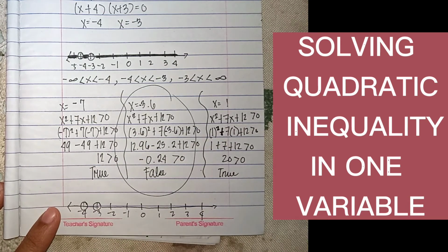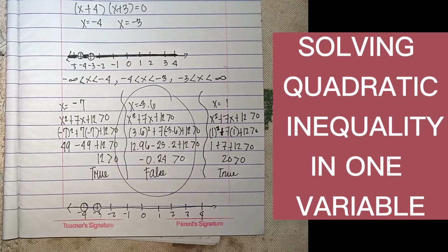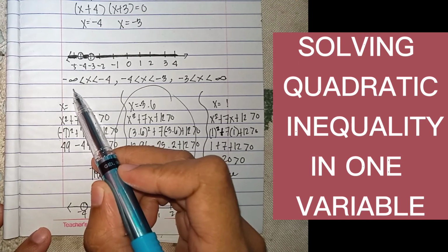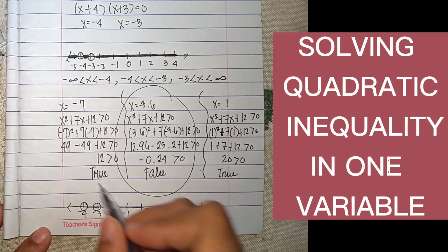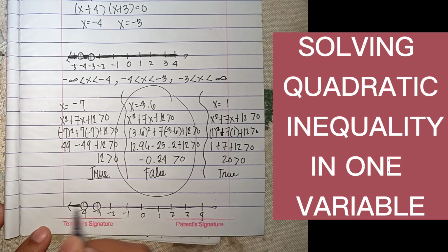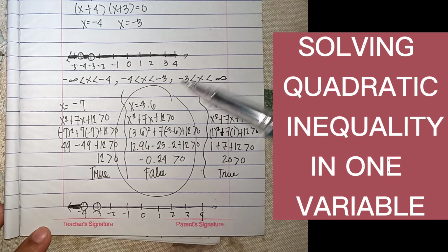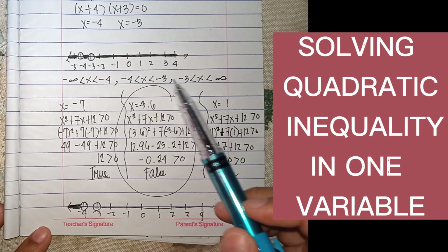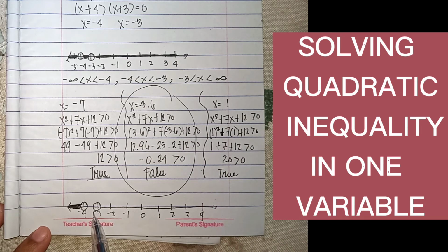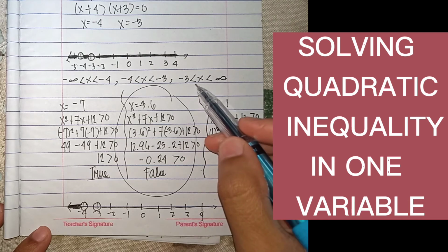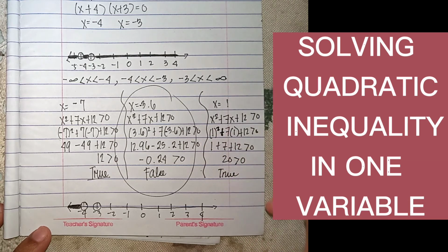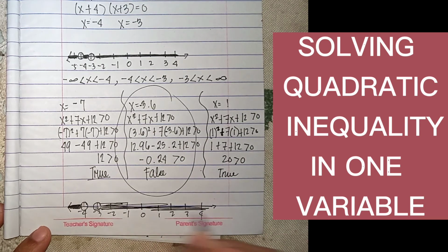Note that hollow circles are used in the graph to show that -3 and -4 are not part of the solution set. Because the interval negative infinity less than x less than -4 is true, we will shade this part. While for the interval -4 less than x less than -3, we will not shade this interval. For the interval -3 less than x less than positive infinity, we will shade this part because it is true.